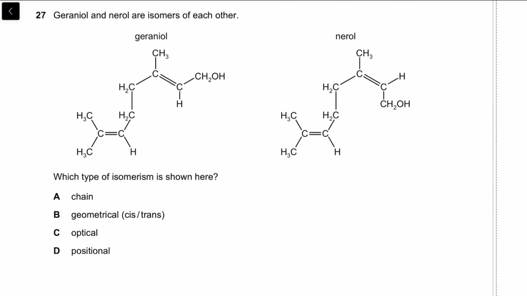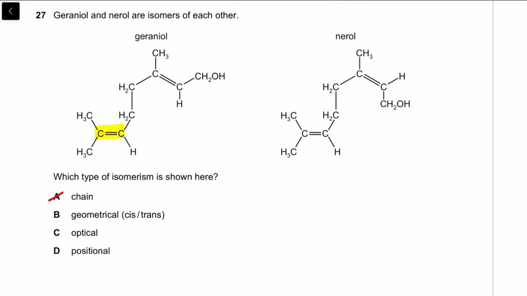Question number 27. Geraniol and nerol are isomers of each other. Which type of isomerism is shown here? Our first option is chain isomerism. There isn't any chain isomerism because there aren't any branching differences in either of the isomers, so it's definitely not A. The second option is geometrical cis/trans isomerism.